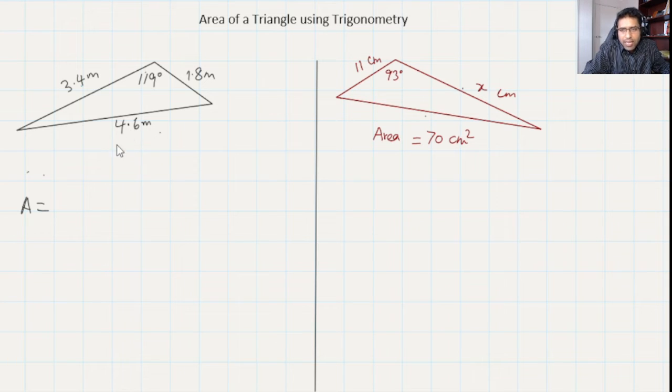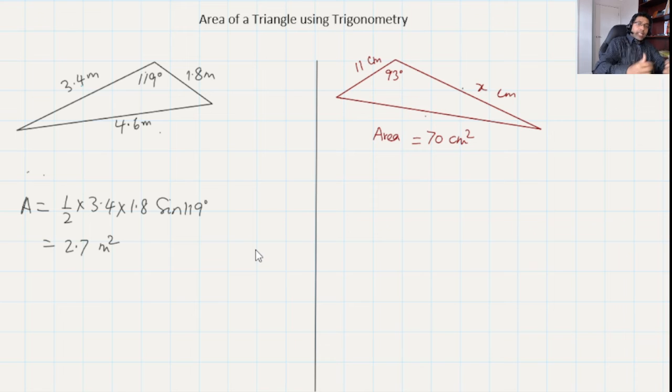So we can just use half times 3.4 times 1.8 times sine of 119 degrees. If you do this calculation, it will give you 2.7, and the unit should be meters squared. We are talking about the area, right?